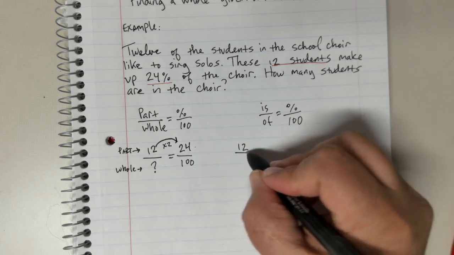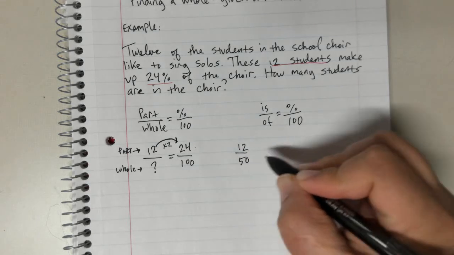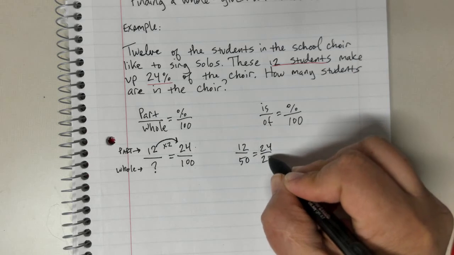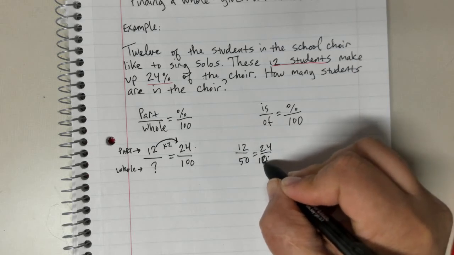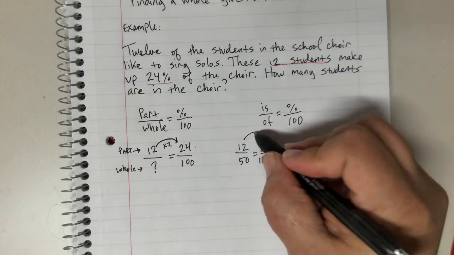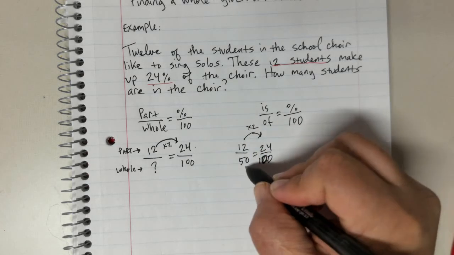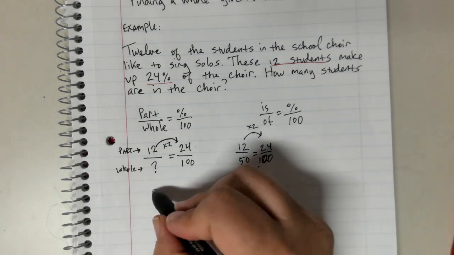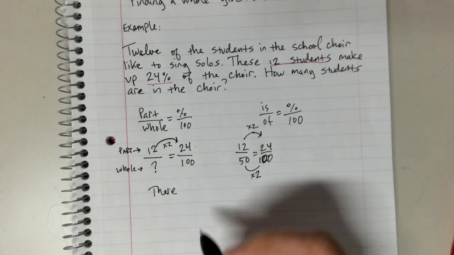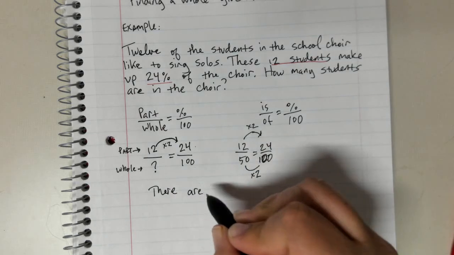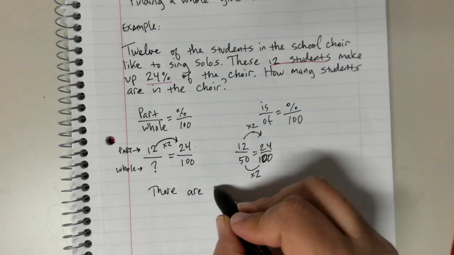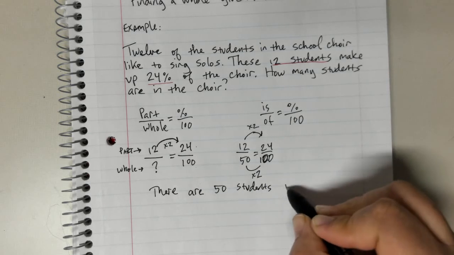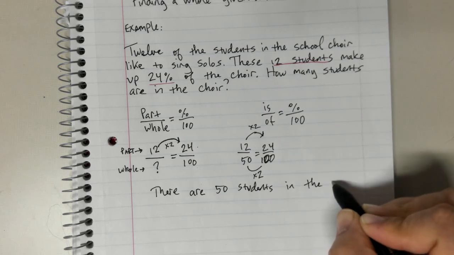So we know that the whole must be 50, and that is 24 out of 100. So we can check our work. Times 2, times 2. So we know that there are 50 students in the choir.